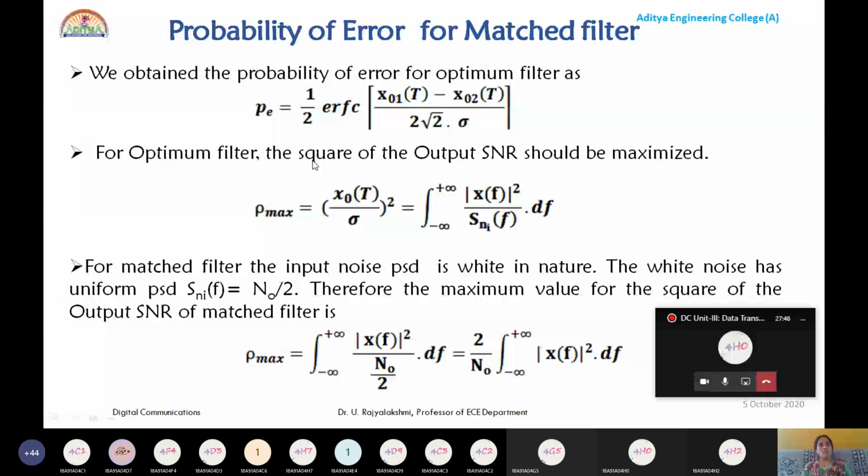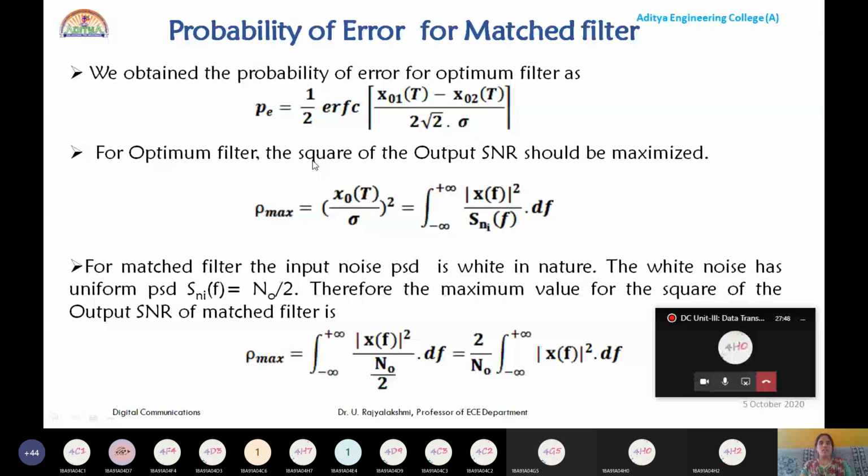We are focusing on the output SNR, on the square of it. So that's why (x0(t)/sigma) whole square. The same point in the optimum filter: rho max is assumed as (x0(t)/sigma) whole square, where x0(t)/sigma is nothing but the output SNR, and the SNR is assumed as rho max.